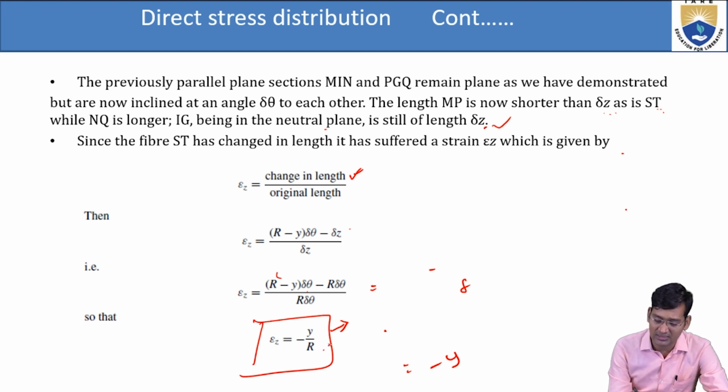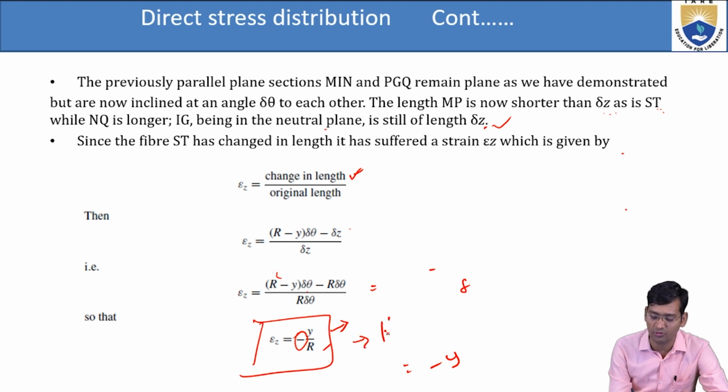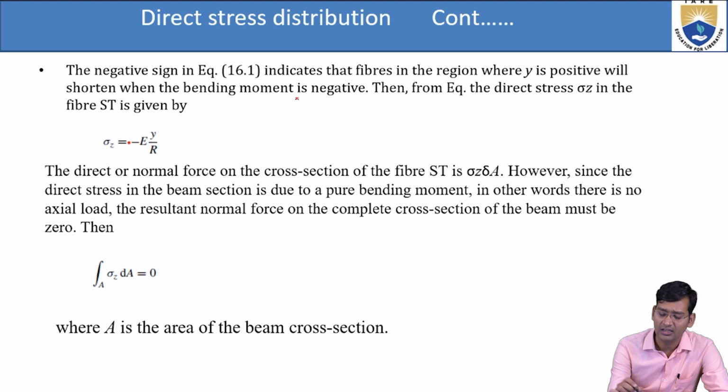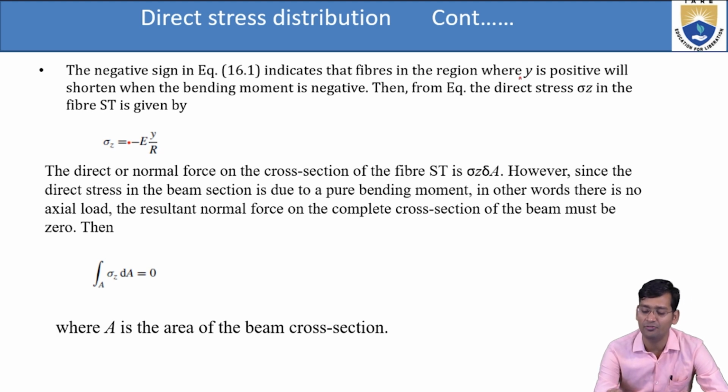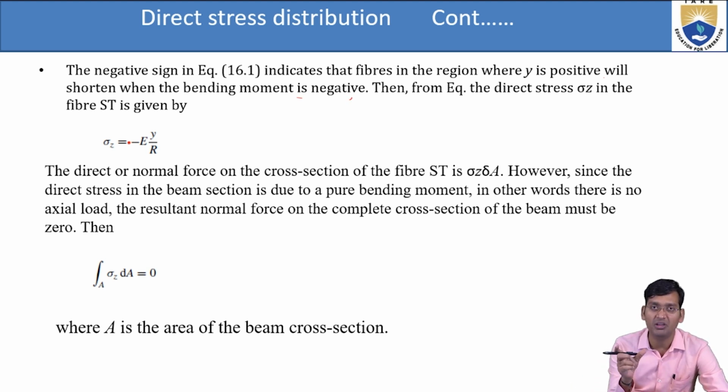From here you can see that the minus sign is there. This indicates that a fiber in the region where y is positive will shorten when the bending moment is negative. So when the bending moment is negative and y is positive, the fiber is shortened, or experiencing compressive force, or it gets compressed.